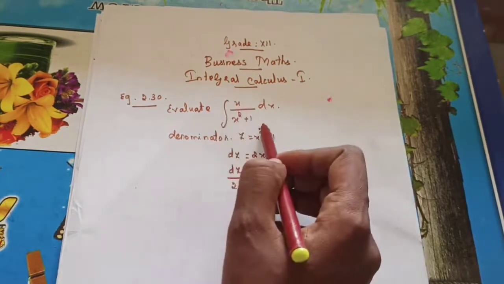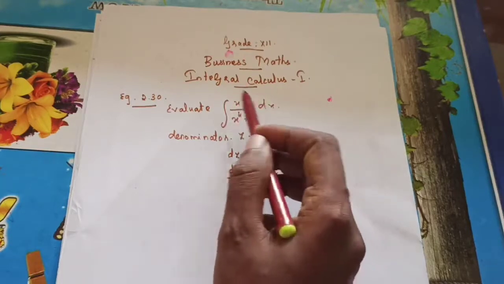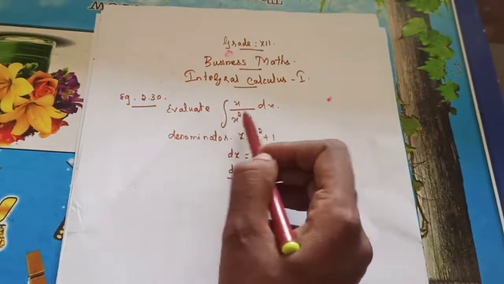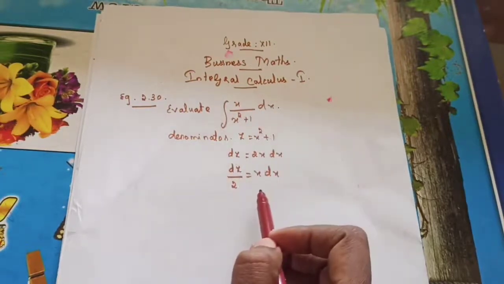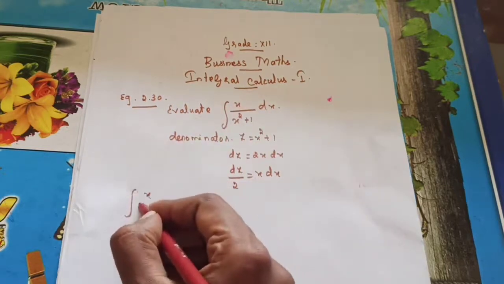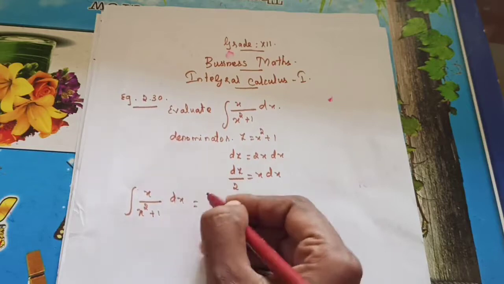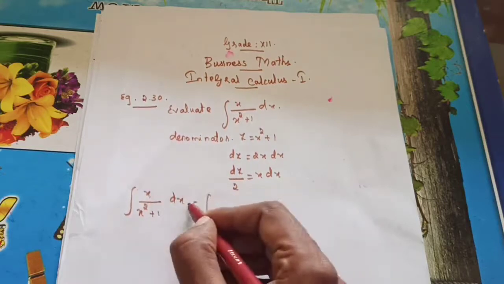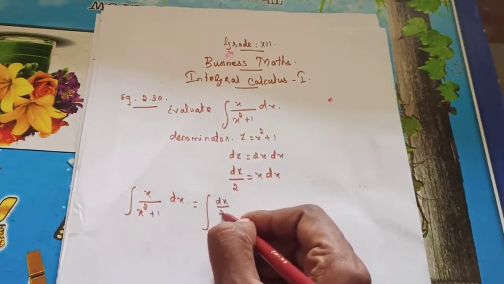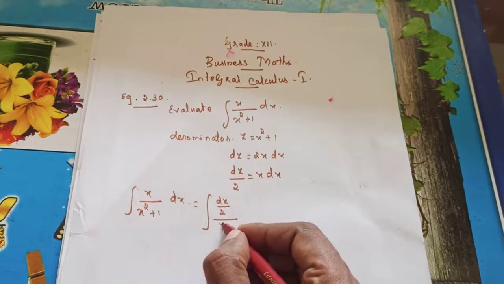The denominator I already took as z, is it right? The numerator also I want to change in the form of z, then only you can integrate. Because of that, the numerator x dx value I have also found. Understand? Now you can substitute here. The integral of x by x square plus 1 dx is equal to, in the place of x dx what you need to substitute? dz by 2, divided by, in the place of x square plus 1 you need to substitute z.